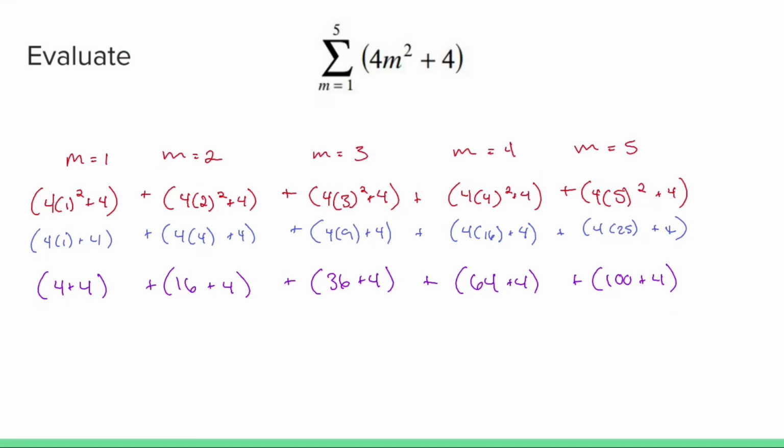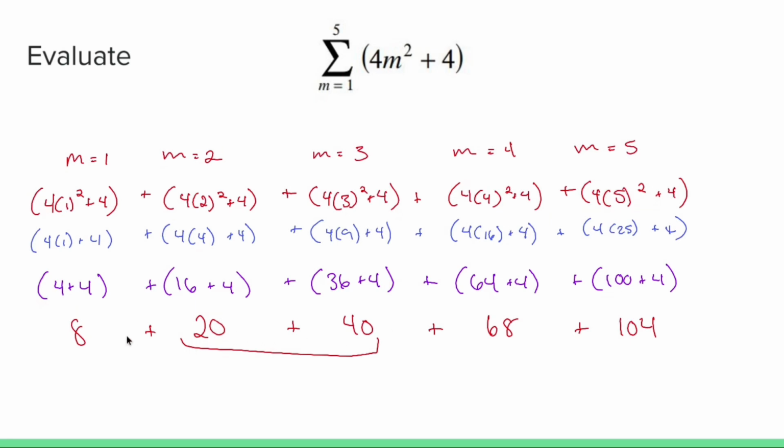Almost there. 8 plus 20 plus 40 plus 68 plus 104. Let me see. These guys add up to make 60, right?